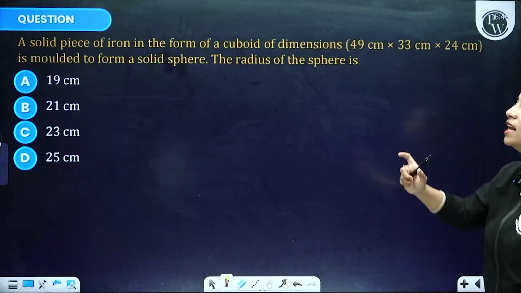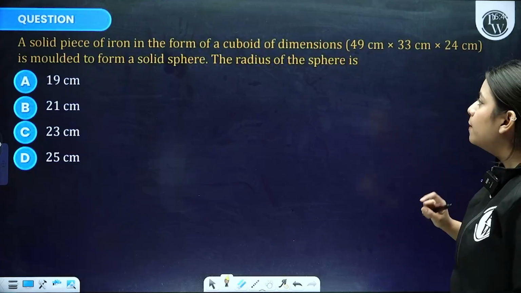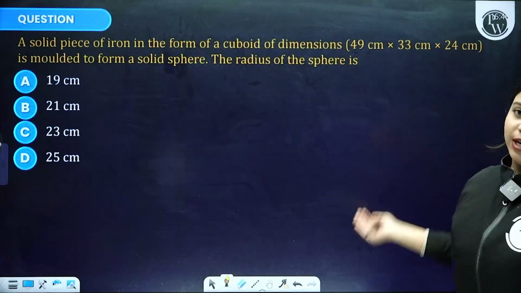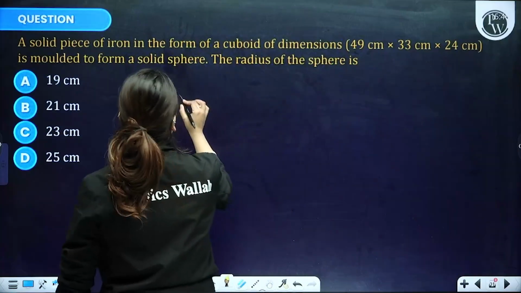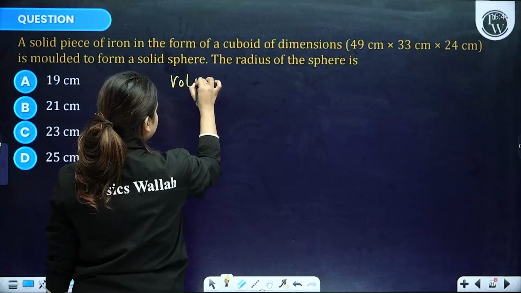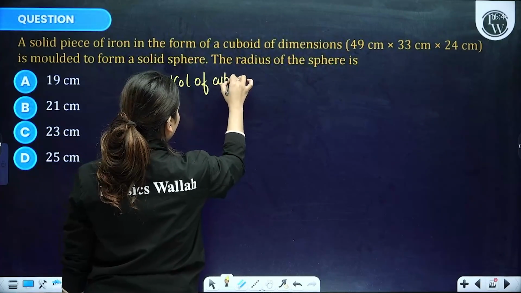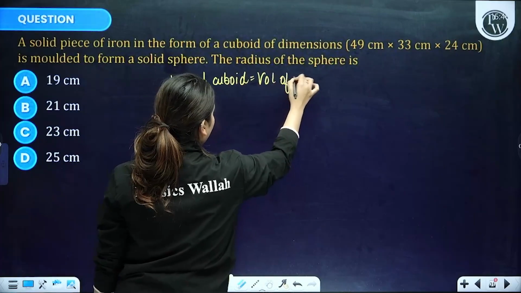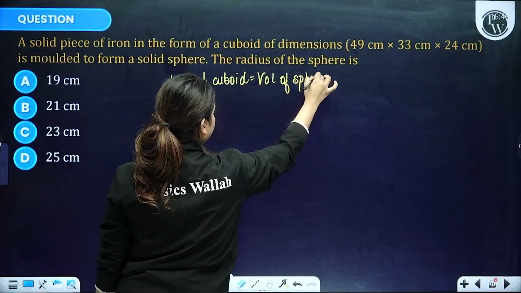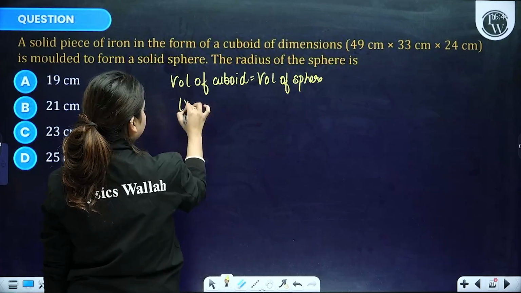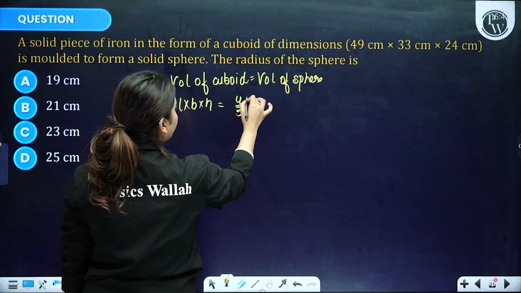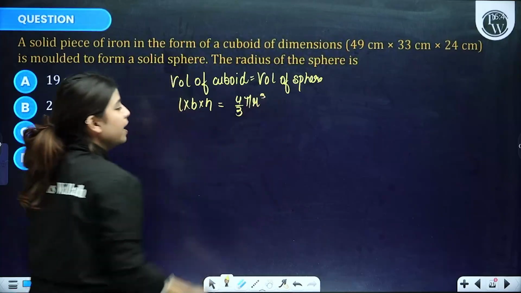A solid piece of iron is in the form of a cuboid of dimension this and is molded to form a sphere. Find the radius of the sphere. What will be same? Melting and recasting. So we know that volume of cuboid will be equivalent to volume of sphere. Volume of cuboid is length into breadth into height. Volume of sphere is 4 by 3 pi r cube.